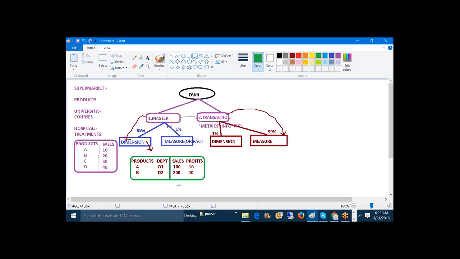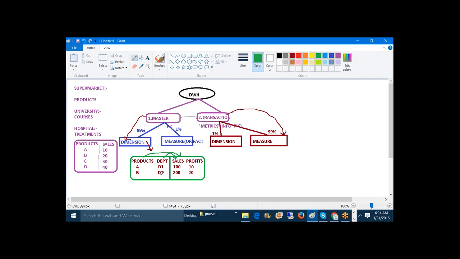If you see here, we are able to analyze the business based on the product. Here we can see the product wise sales. It means we can analyze the sales based on the product, and also based on the department.